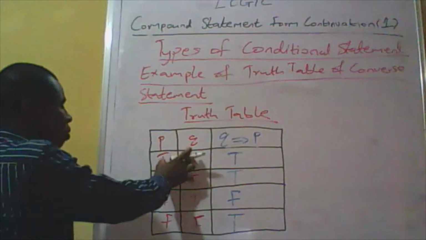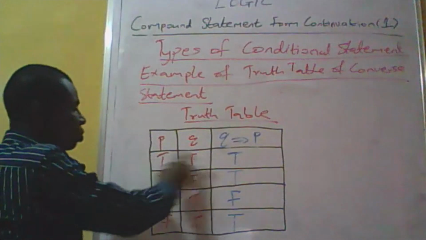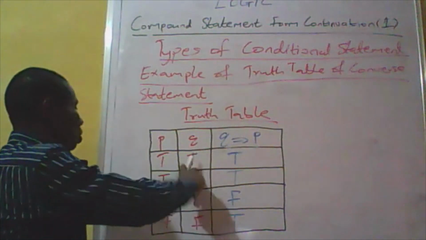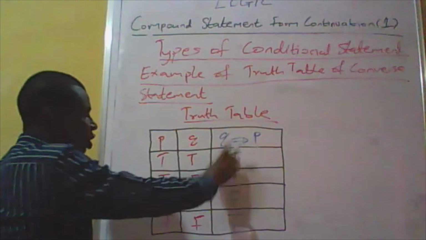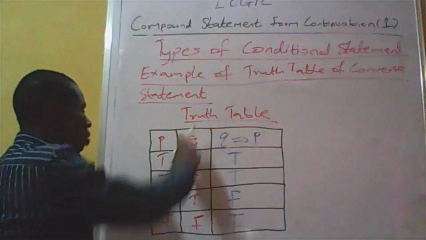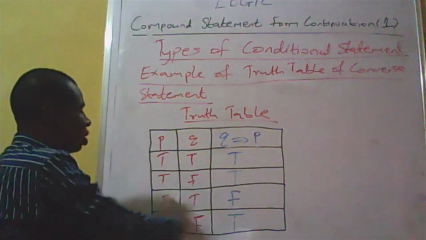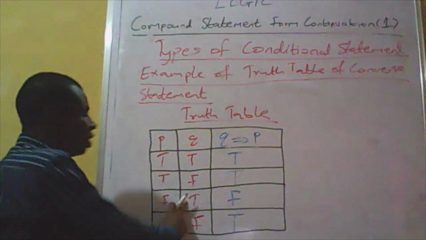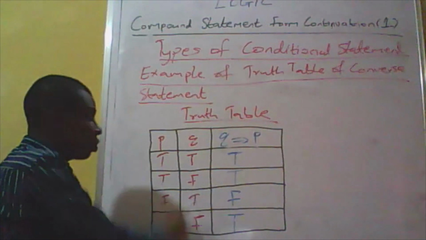When they are being combined with different truth values, like here Q is T, P is T, so it is T. Here Q is F, P is T, that means F implies T is T. Here is the case where it will be false.